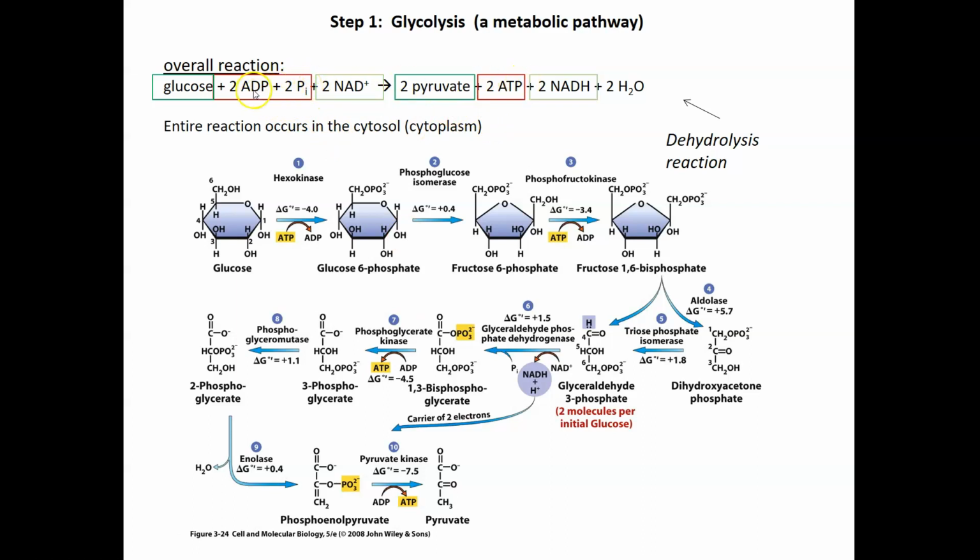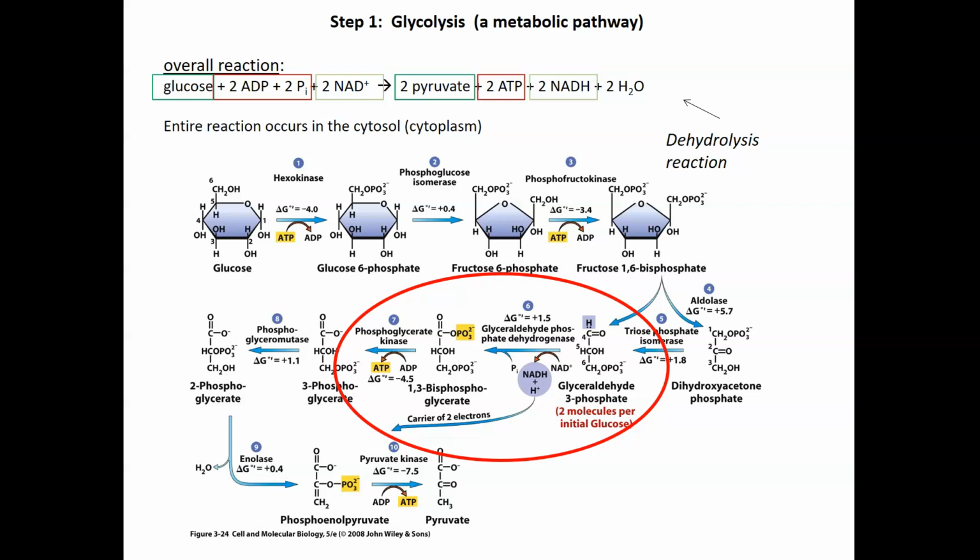So adenosine diphosphate along with the phosphates can become adenosine triphosphate. And then we are generating 2 NADHs from NAD+. Okay, so I want to actually show you some of the specific parts of this reaction. So big picture, again, we want you to basically understand that 2 pyruvates are made. We're making 2 ATP and 2 NADHs.